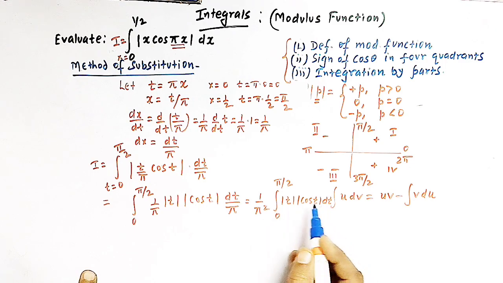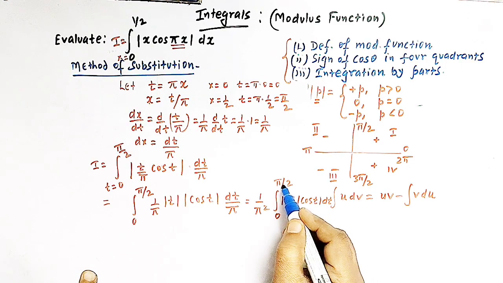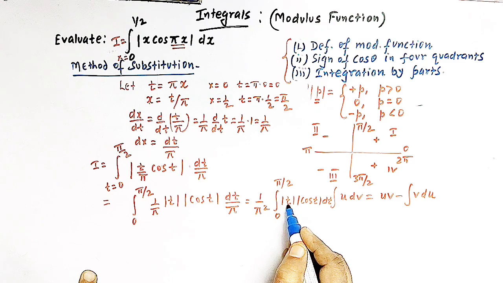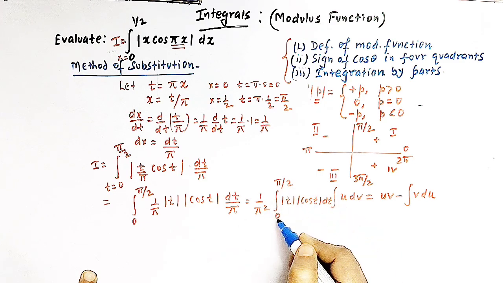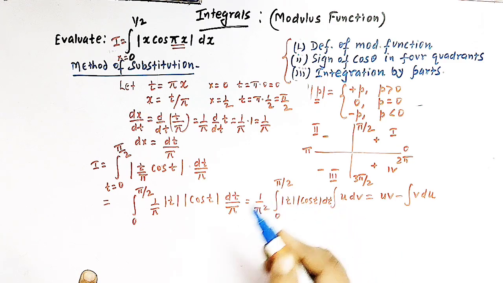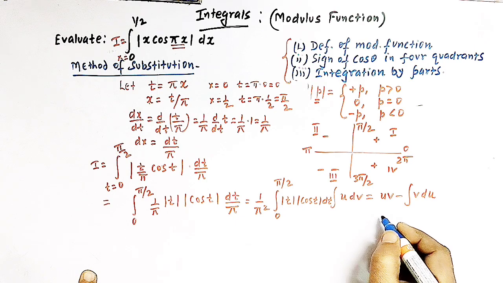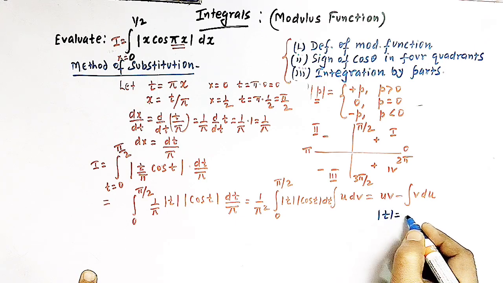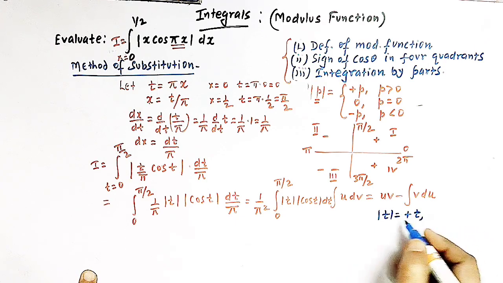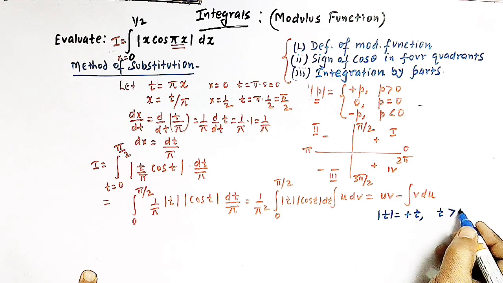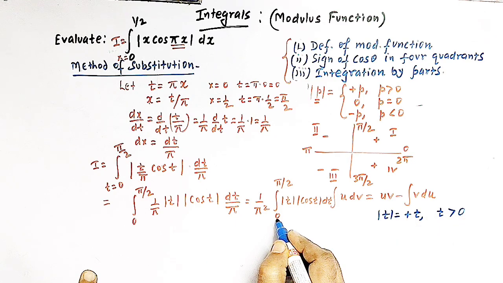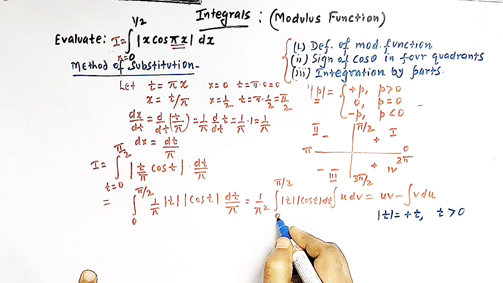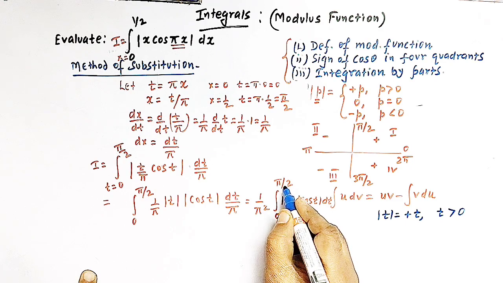So now when t varies from 0 to pi by 2, since t is a real number and all the numbers from 0 to pi by 2 are positive, mod of t is equal to positive t whenever t is greater than 0, and here t belongs to the interval from 0 to pi by 2.